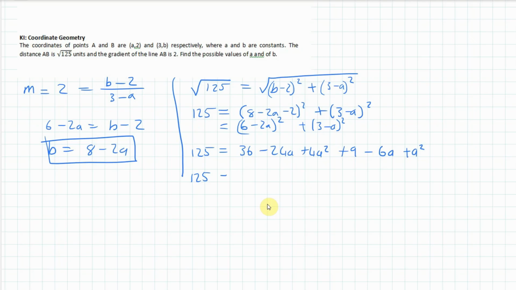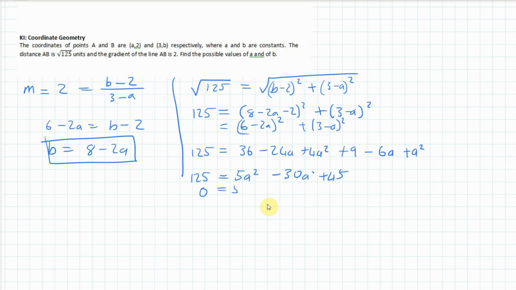Let's simplify it. I think it's equal to 5a squared minus 30a and 36 plus 9 is 45. Let's bring everything across to one side.